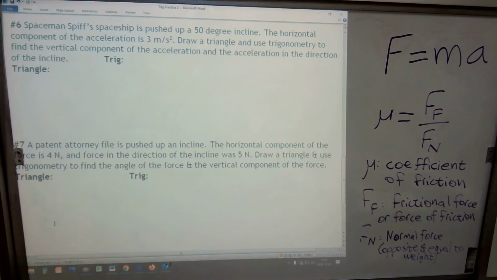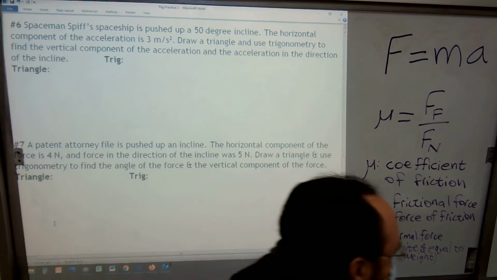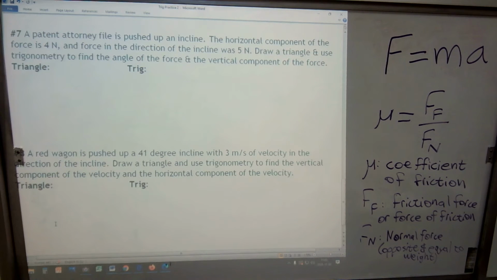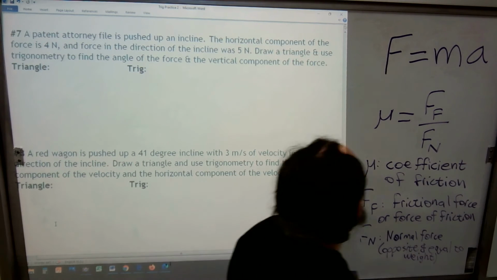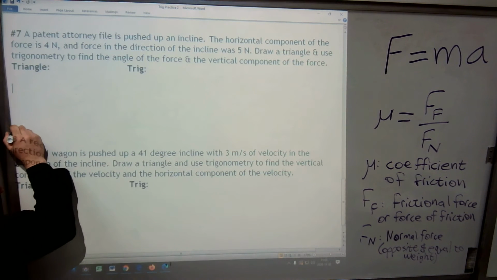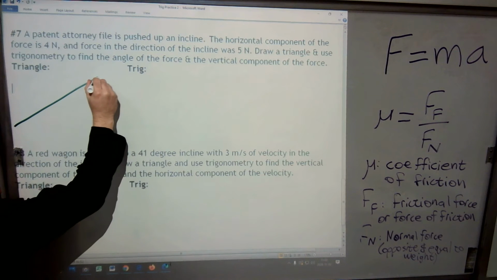Right now, we've got Spaceman Spiff's spaceship. No, that's not right. Which one am I doing? It is the patent attorney. Okay, there we go. Patent attorney file is pushed up an incline. Doesn't say the angle, so I'll just make some sort of incline here.